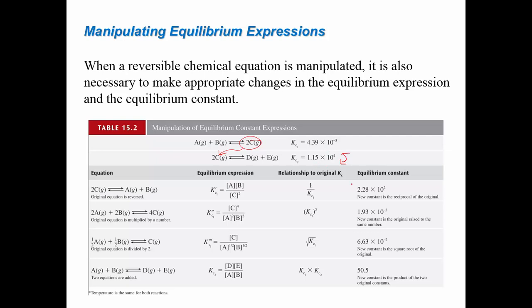And that makes sense because instead of having the product here, C, now we have our C on the bottom because it is a reactant instead of a product. So it is the reciprocal. Remember reciprocal, if you have a reciprocal button on your calculator, it probably looks something like that. Or maybe it's x to the -1. Either way, I've had calculators that have both of them, but that is your reciprocal.